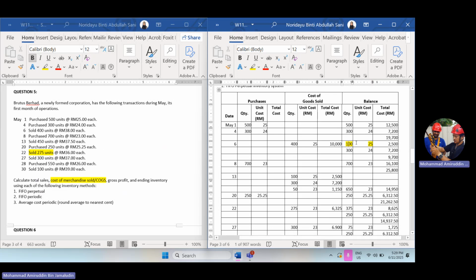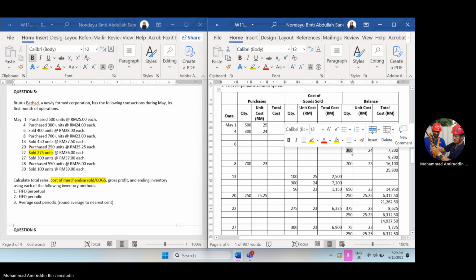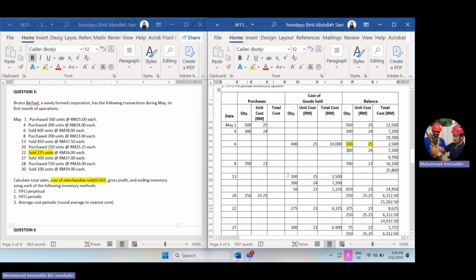I need to use this one first, first in, first out. So 125. I need to sell 450. Not enough. I need to get this one, 300 at 24. Still not enough, because 100 plus 300 is 400. We need 450. So 50 from here.